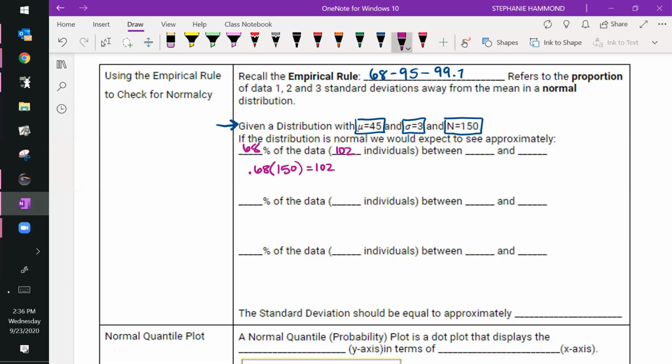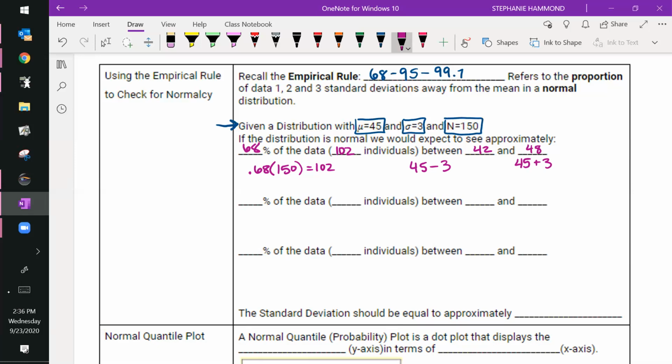So I take my mean, 45, subtract the standard deviation, and take my mean, 45, add 1 standard deviation, and I get those boundaries. So if our distribution here is truly normal, then about 102 individuals from the set of 150 should have a value between 42 and 48.